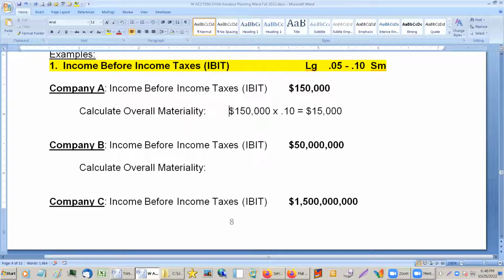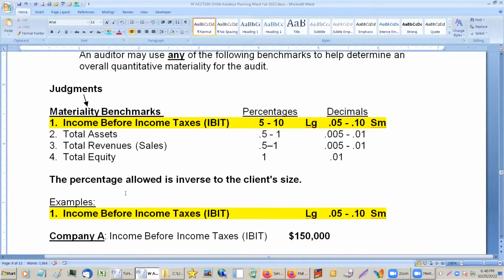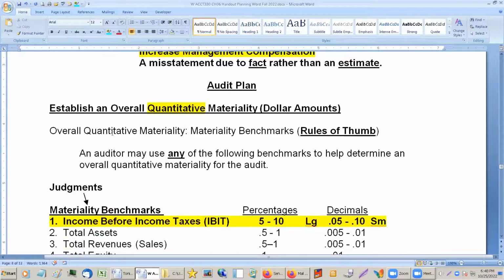So this would be the materiality amount that we would have for a small company. This would be what we would calculate as a materiality. Okay, let's space this a little better.